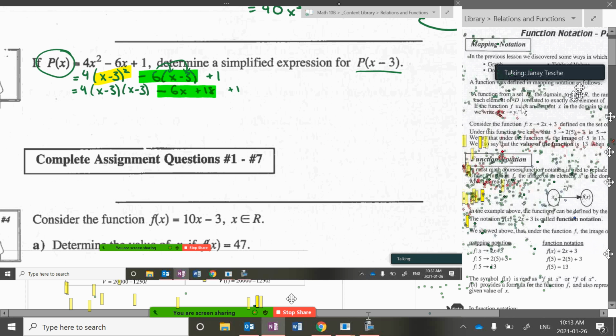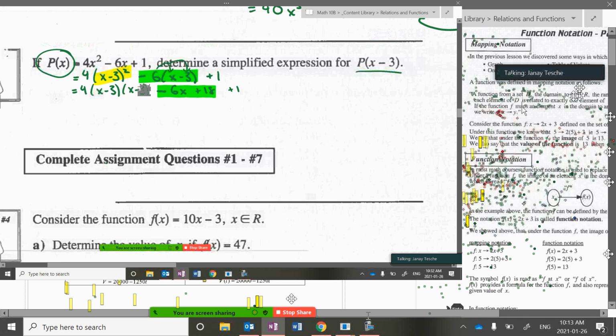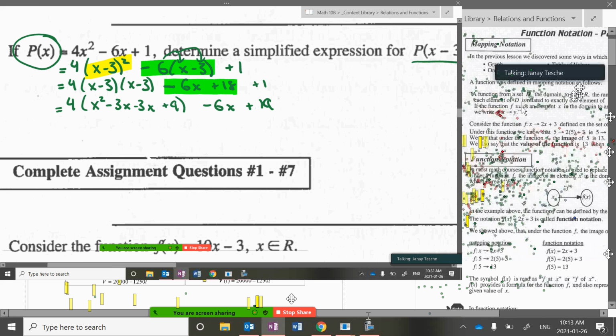So now I can do FOIL. So first, outer, inner, last. Minus 6x, 18 plus 1, I'm going to combine to give me 19. So a lot in this one question.